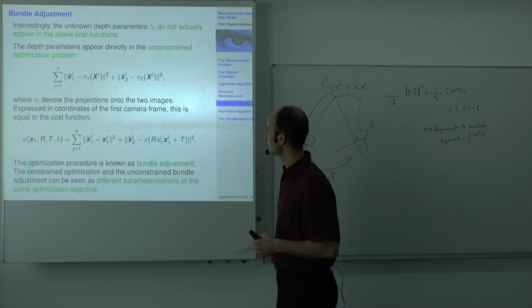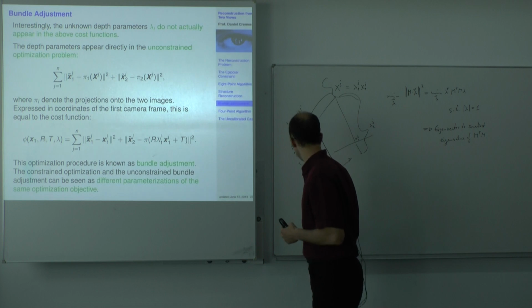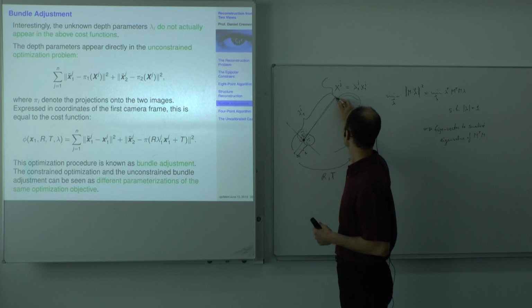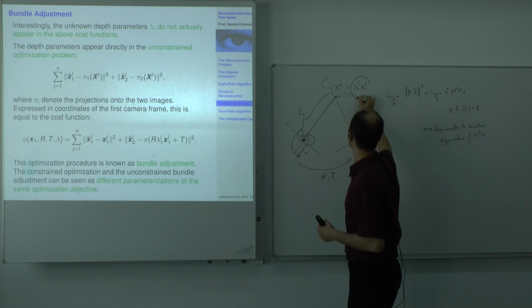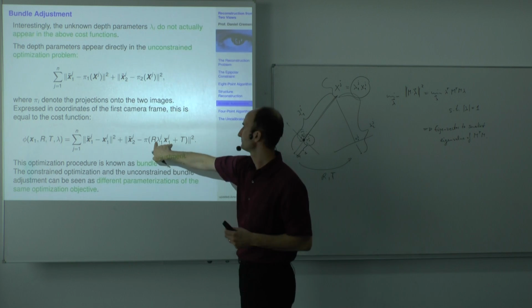Once we go to the second image, we have to transform that point x1j to R3, that is then lambda 1j x1j, this here.